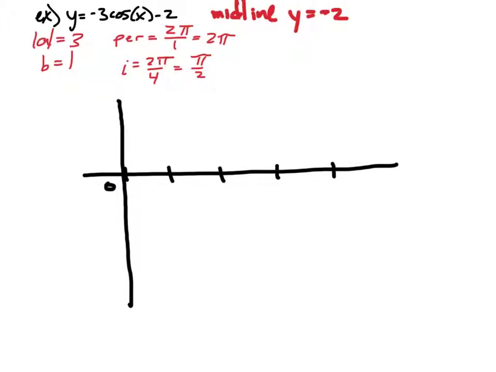The distance from my starting point to my ending point needs to be 2 pi, because that's the period. Since there was no shift left or right, the last point should be 2 pi. But let's just add the increments of pi over 2. 0 plus pi over 2 is pi over 2. Plus another pi over 2 would be pi. Then 3 pi over 2, 2 pi.